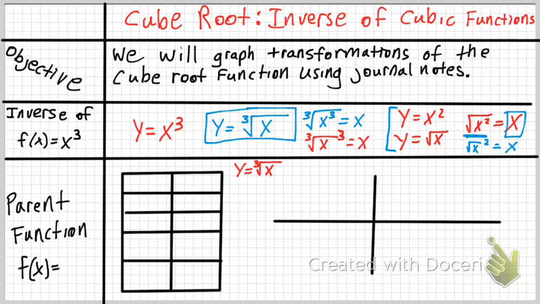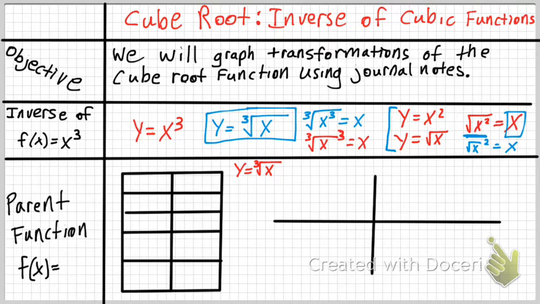Whenever we're looking for the cube root, we're asking what number will multiply by itself 3 times in a row to give me x. So what we're going to start with is our original parent function of our cubic functions. Now if you look back in your notes, you'll see that for each input you get a certain output. For -2, our output had been -8.